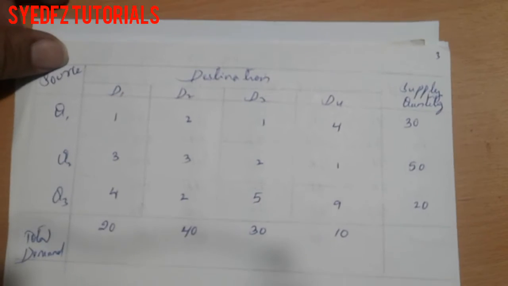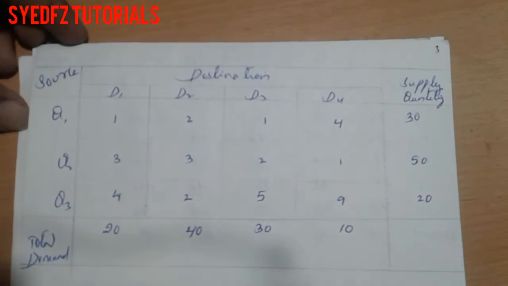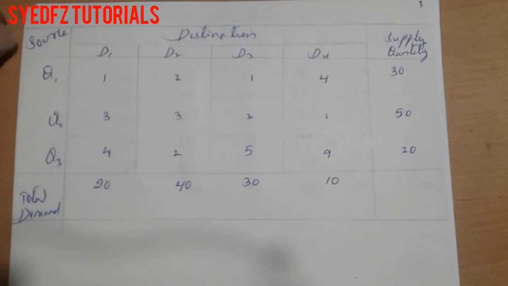I have already created a table for the allocation. I made it big so that we can understand it easily and it will not be messy.